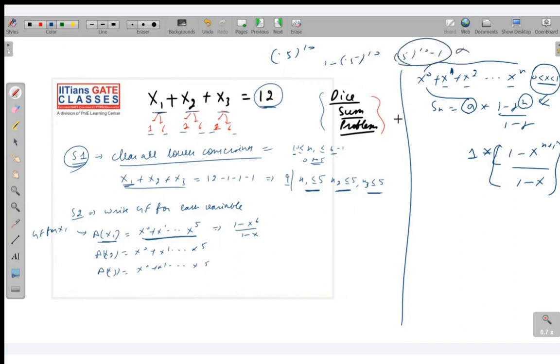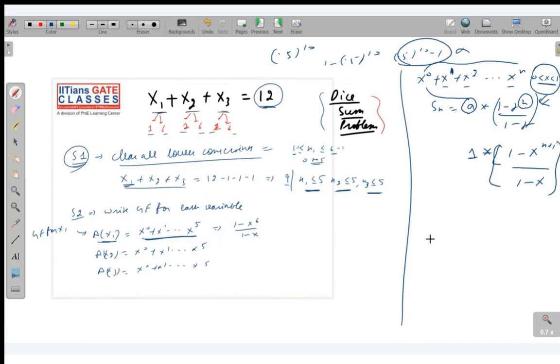So it's a general suggestion: when x is from 0 to 1, we will apply the formula (1 minus r^n) upon (1 minus r). But when x is greater than 1, I will apply the formula (r^n minus 1) upon (r minus 1). Okay, I think you have got it. Just take minus 1 common and you will get the answer. Our aim is to make things positive, that's why we are doing it like this.